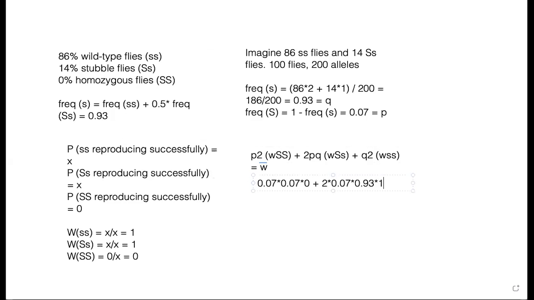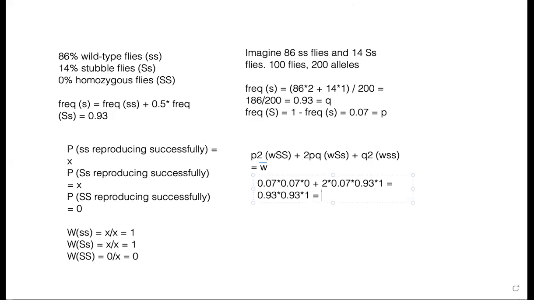That's 2pq W big S little s, plus 0.93 times 0.93 times 1. That's q squared times W little s, and that gives us W bar.